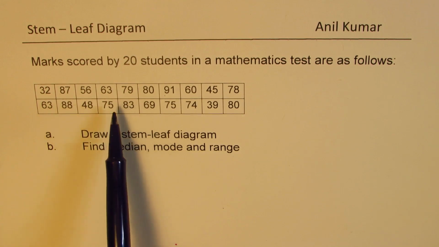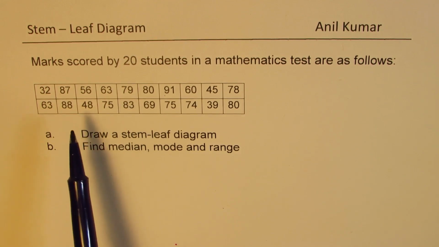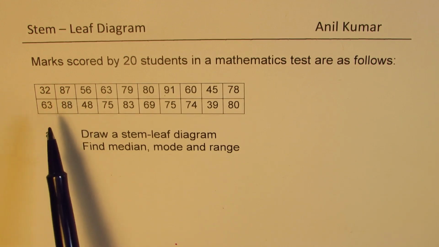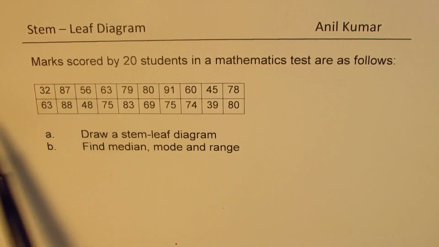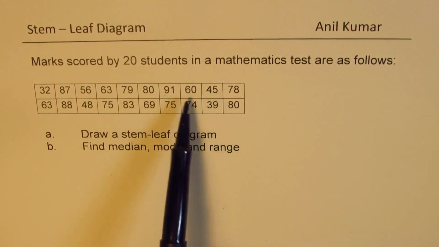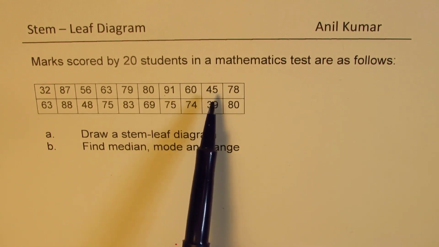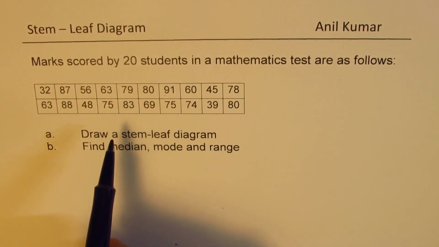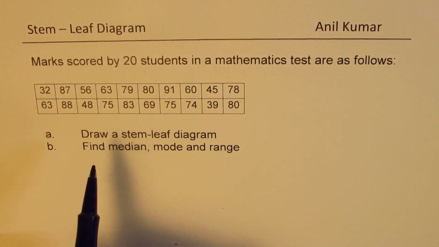Now to draw a stem and leaf diagram, we have to place the last digit in the leaf and the rest in the stem. So these are ones and tens place. So ones place will be placed in the leaf. So in the first step, we'll write down the data as given to us.